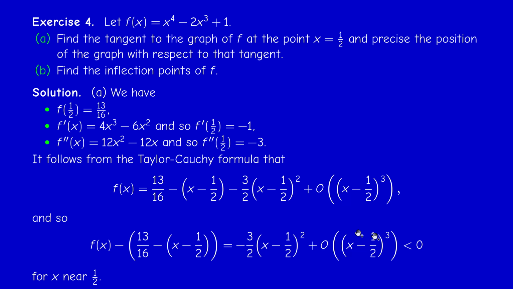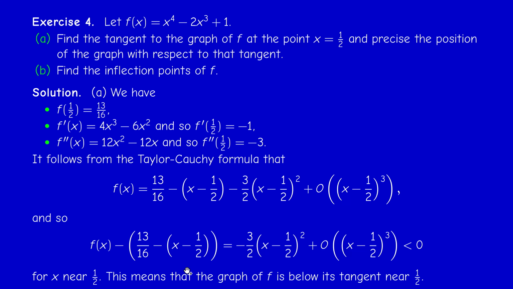So this term is negligible near 1/2 with respect to this term. This is the dominant term and it has a negative sign. So locally near 1/2, f is below its tangent at 1/2. And in your book, actually, they drew the graph and the tangent, so you can see the picture.